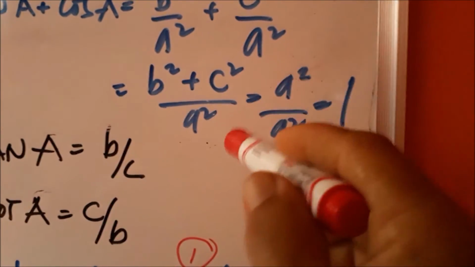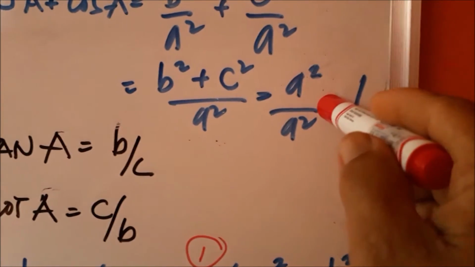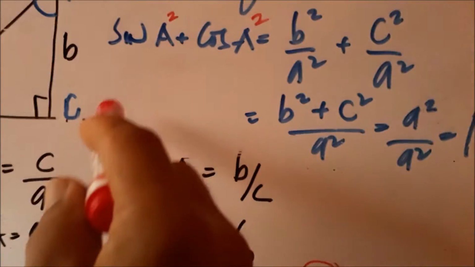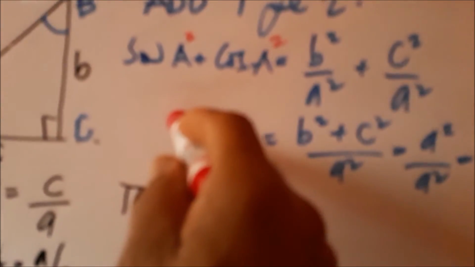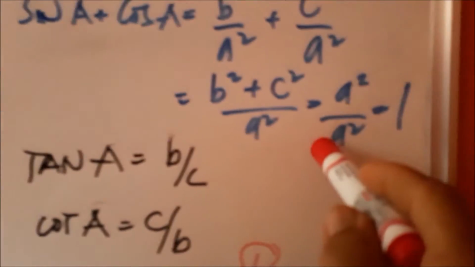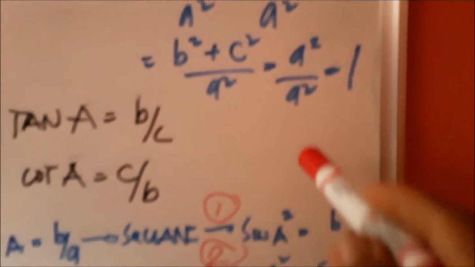They cancel, so we have 1. Meaning sine A squared plus cosine A squared is equal to 1.